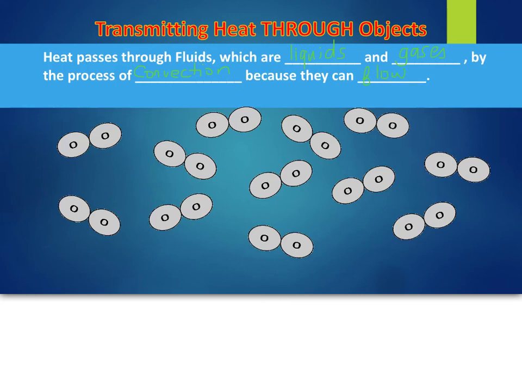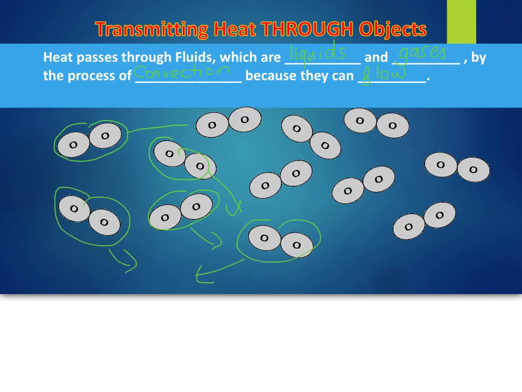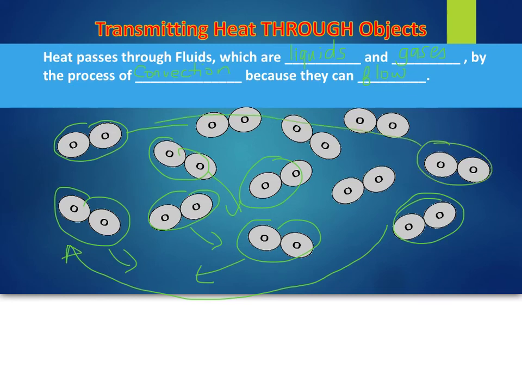What you would have seen with this animation is that they'd be constantly moving. So if this one has energy, it will take that energy and transfer it over here. This one has energy, it will take that energy and transfer it over here. So they're going to flow. That's how they transfer energy, via convection.